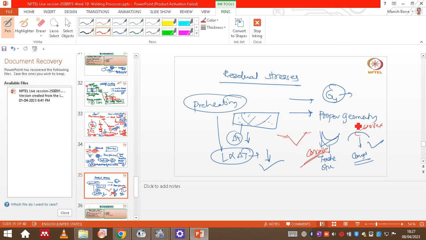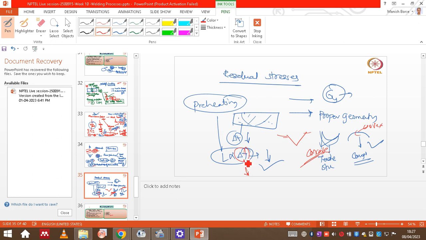So proper geometry, as well as thermal stresses, can be reduced, because we know that if we restrict the movement or deformation, thermal stresses will develop. So if we reduce the temperature gradient, then the thermal stress magnitude will decrease, right?